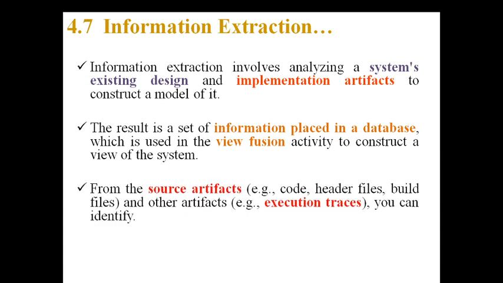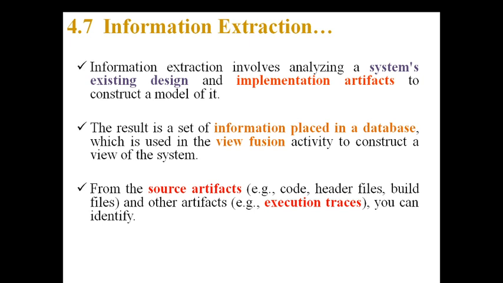Right? So that is happening now. From where do we have to start? We have to start from the source artifacts, the facts from the beginning: what is the code you have, what are the header files that have been declared, and whatever files we have. Using these files, you have to trace out the execution, communication, dependency, interaction, or interface.